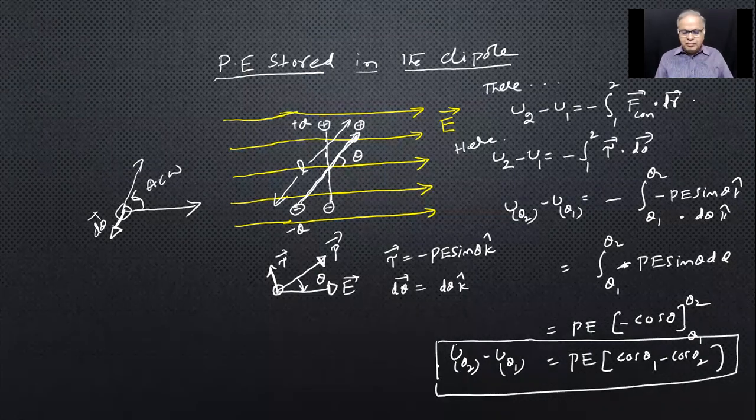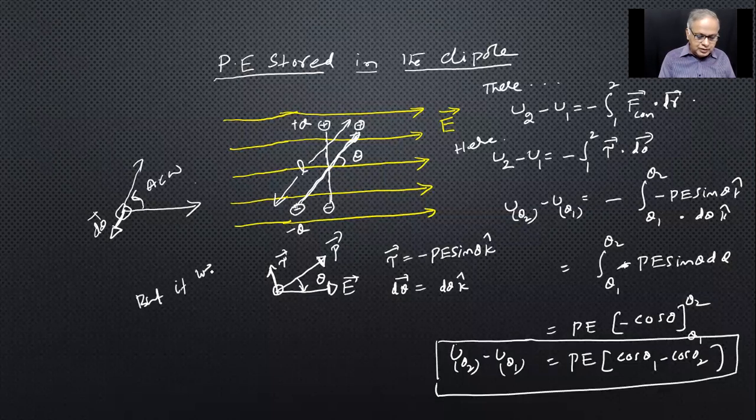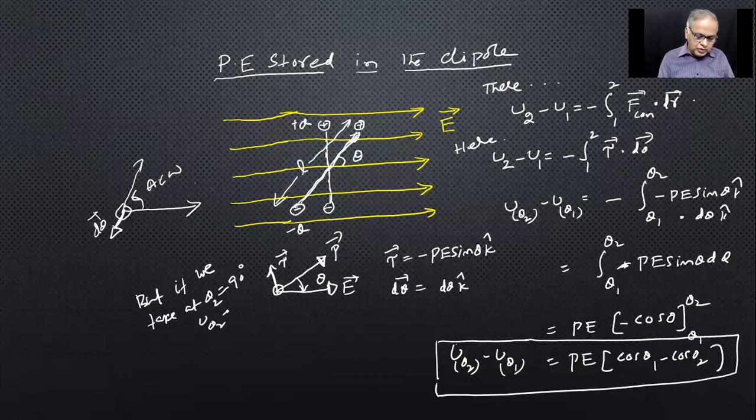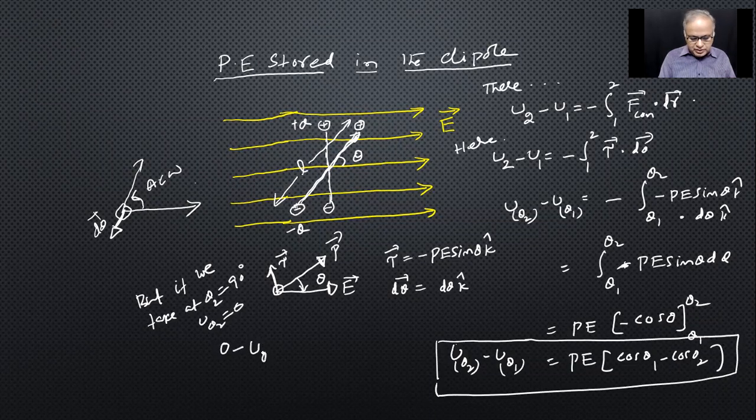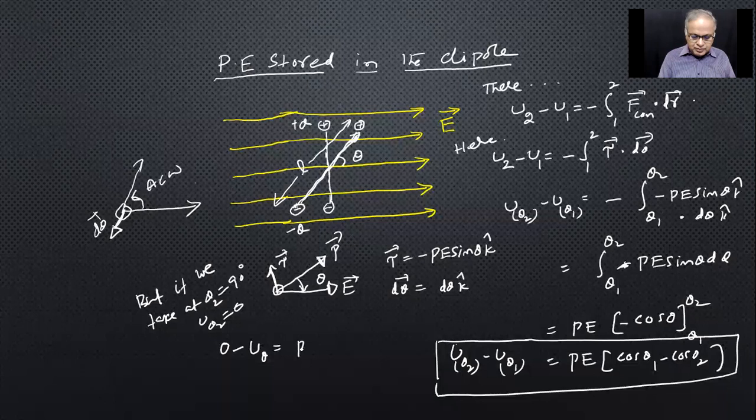Okay. But if I take the 90-degree position as the reference position where the potential energy is 0, I can write, if we take theta 2 equals 90 degrees, U at theta 2 is 0, then I can write 0 minus U at theta is equal to PE into cos 90, 0, minus cos theta.